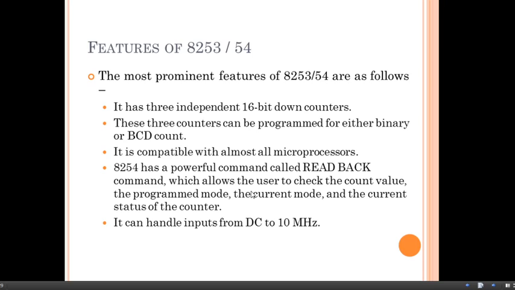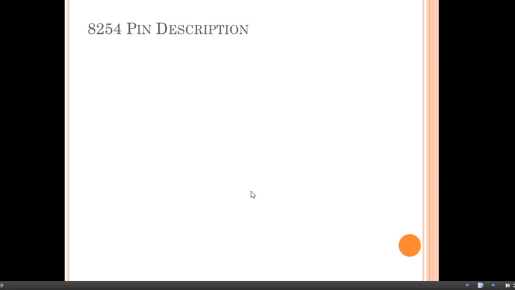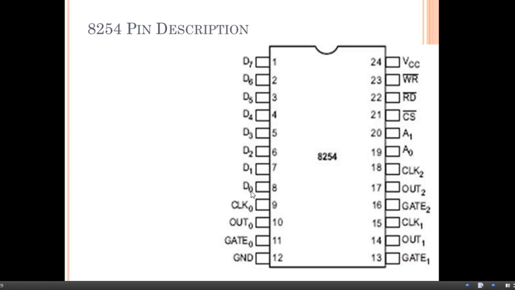Now we'll see the pin configuration or pin description related with the 8254. This 8254, as we have seen, is a 24 pin IC. Pin number 1 to pin number 8 are D0 to D7 pins, which are data pins, or we can call it the data bus.